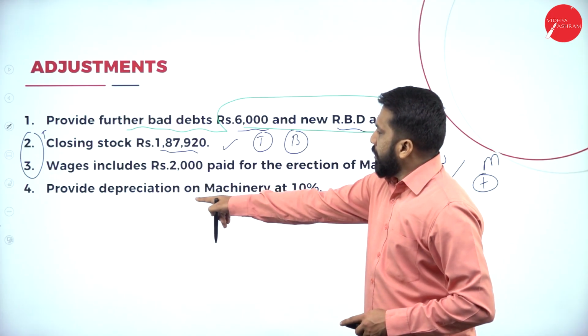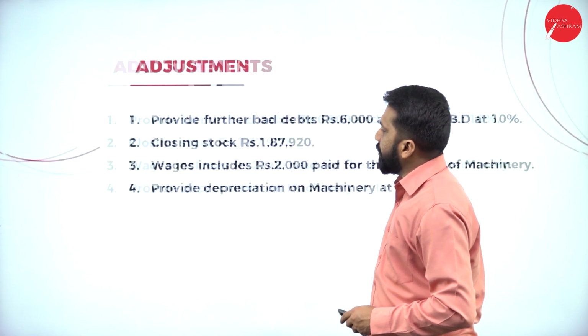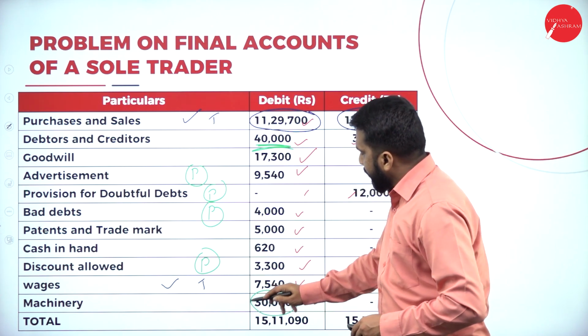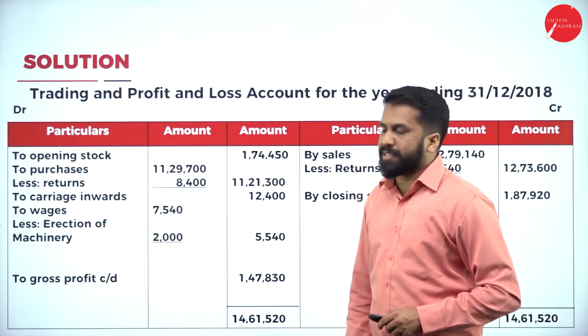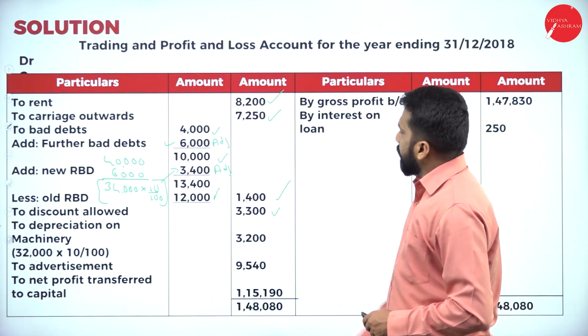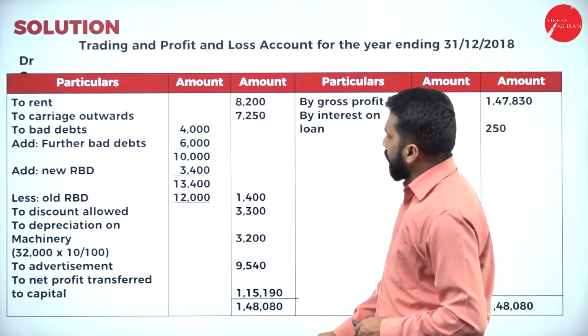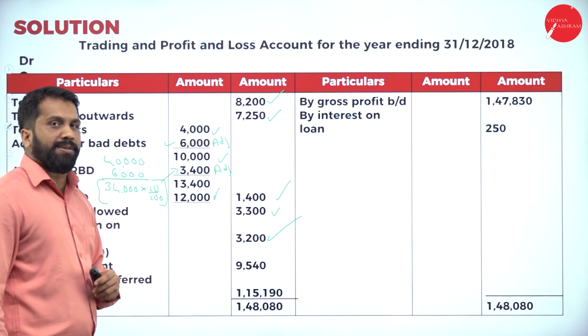See, depreciate machinery at 10%. What is your machinery? Your machinery value is 30,000. On 30,000, how much percentage? It is 10%. Now, 30,000, so it is 32,000. 32,000 into 10%, you will get 3,200.